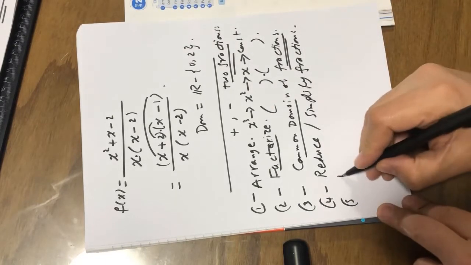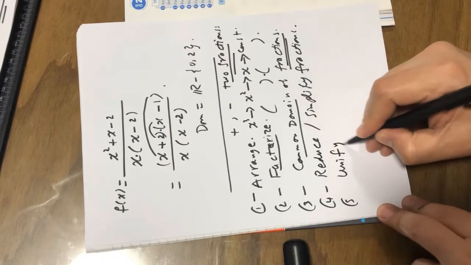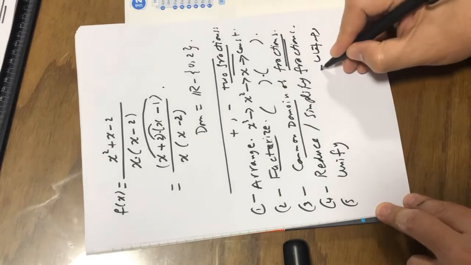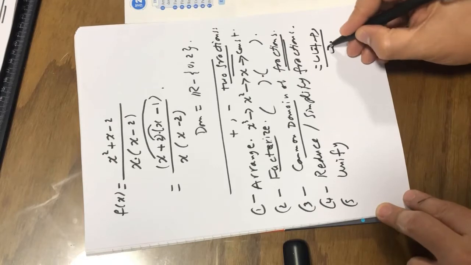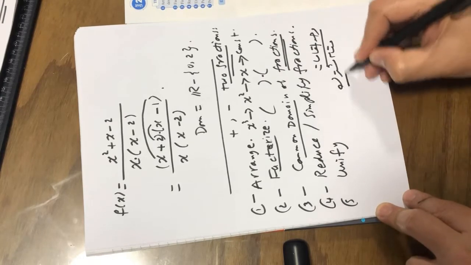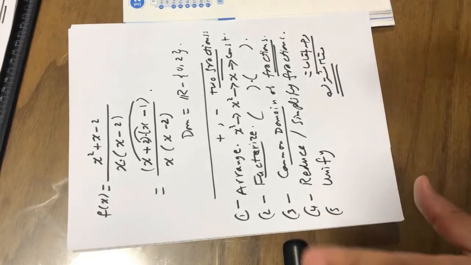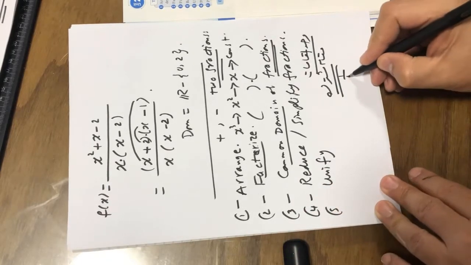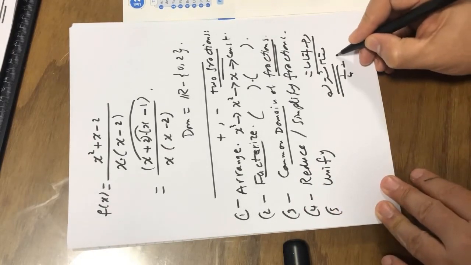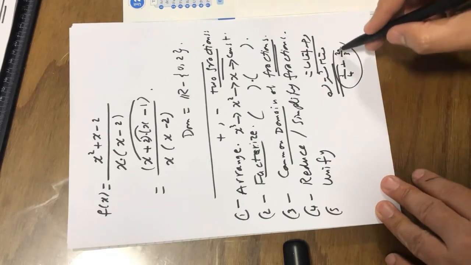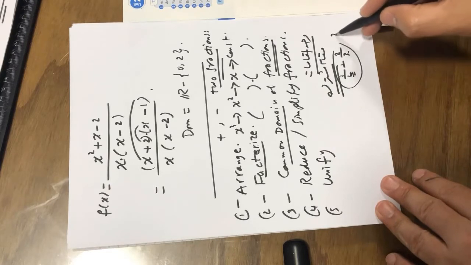Number 5, unify denominators, to get a common denominator. No fractions can be added or subtracted, even in 4th year arithmetic, without this. 1 over 4 plus 2 over 3 cannot be done as 1 plus 2 over 3 plus 4. This is wrong.